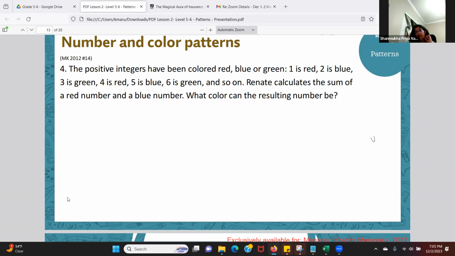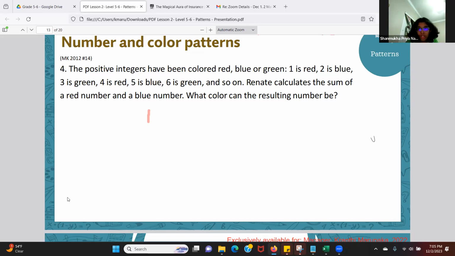So if we say, because 1 is red, 2 is blue, 3 is green, we could take 1 and 2 and it would make a green number. So if we do 1 plus 2, it would make 3, so it's a green number.